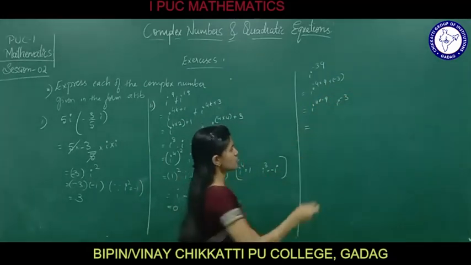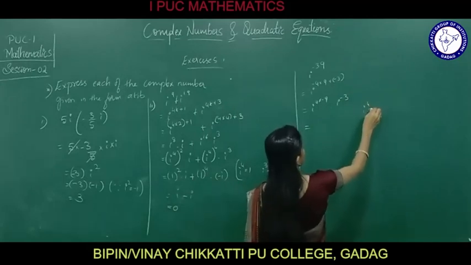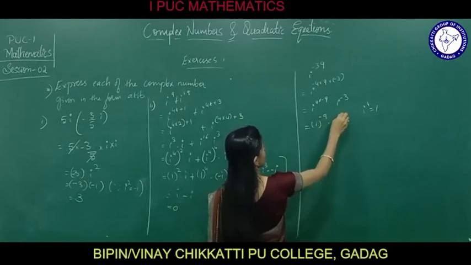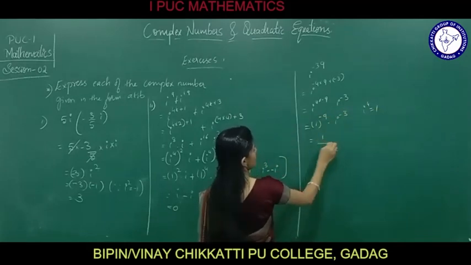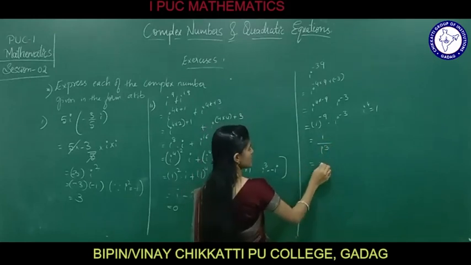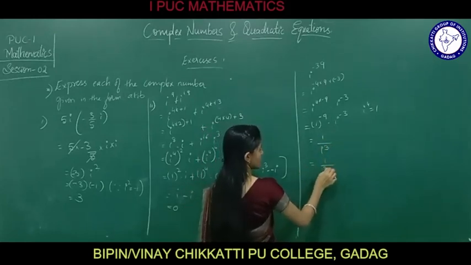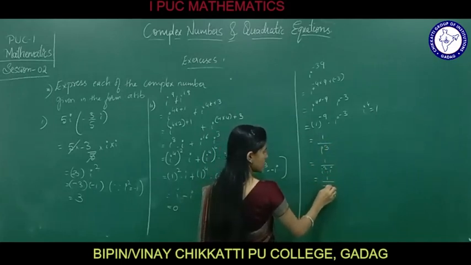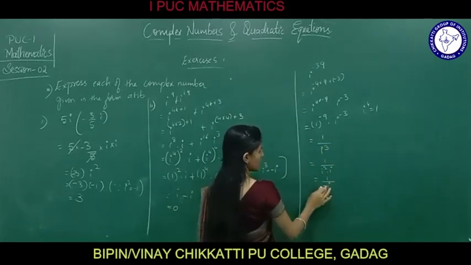We know i raised to 4 is equal to 1, so 1 raised to minus 9 into i raised to minus 3, which is nothing but 1 divided by i raised to 3. This can be written as 1 divided by i square into i, which is 1 divided by minus i, or minus 1 divided by i.